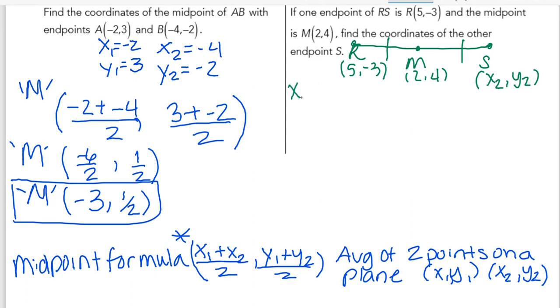So let's write down what we know. We know x1 and y1 equal 5 and -3. And we know that the midpoint x is going to equal 2, and the midpoint y is going to equal 4. If I set this up using the midpoint formula, here's what it's going to look like.